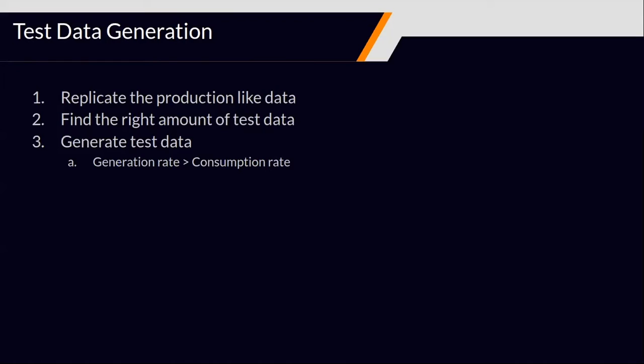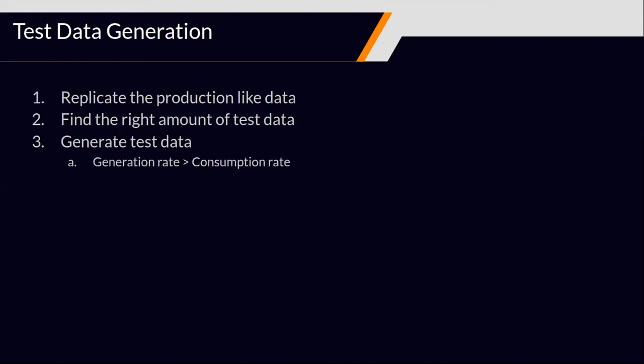And if we are using static data, then it would be fine to just generate our data and then run our application. But if we have a streaming application where dynamic data has to be generated, we need to make sure that the rate of generation of our records is faster than the consumption rate, which obviously we can't do in the first run of the test, because the first run would be to see how fast the application actually is.